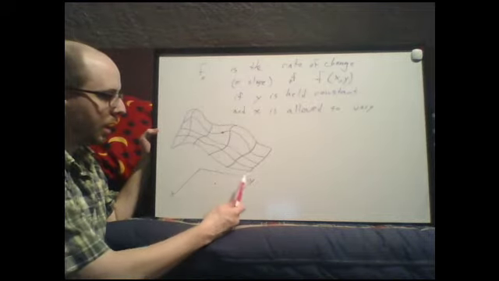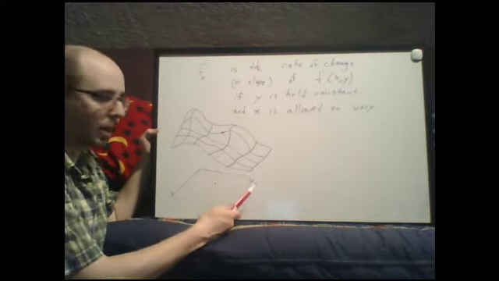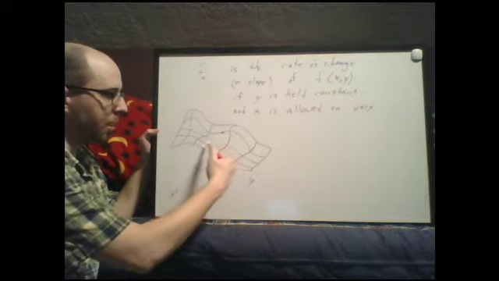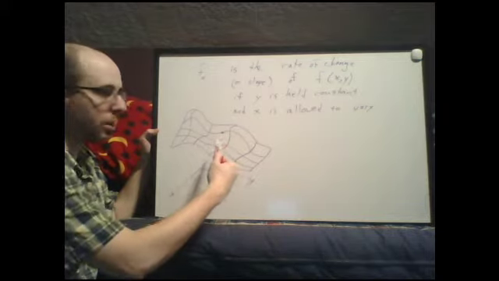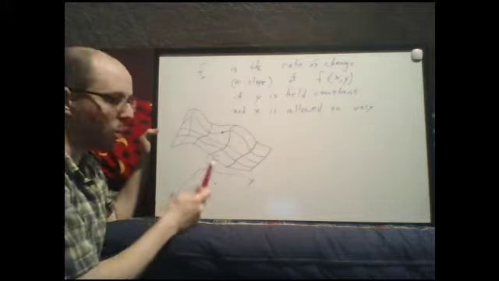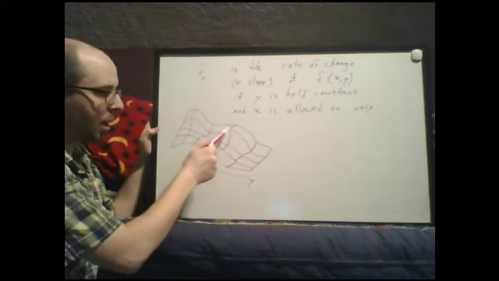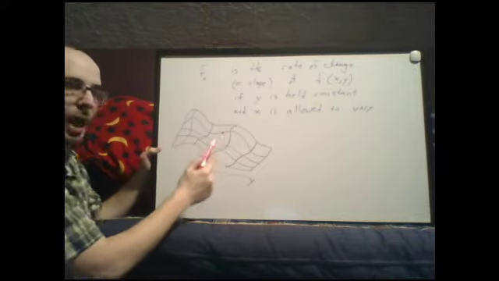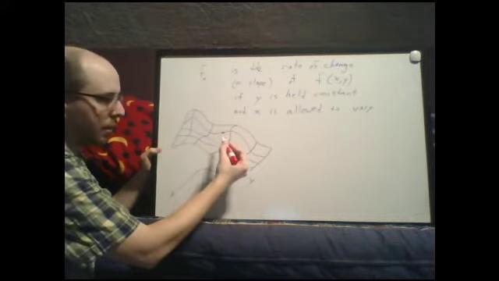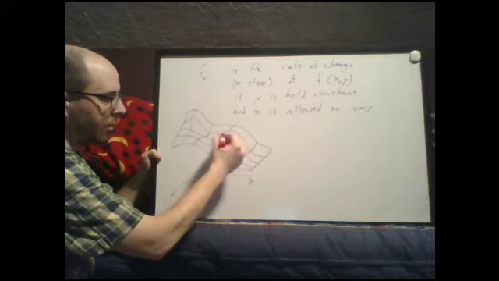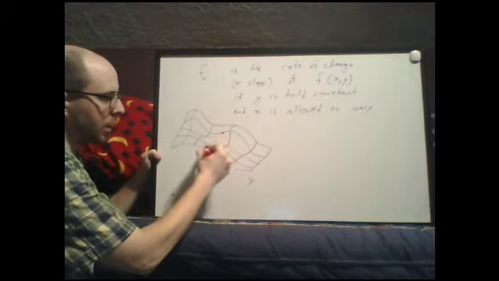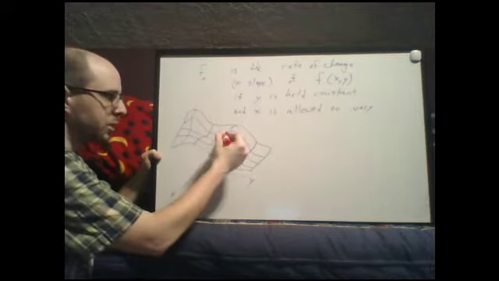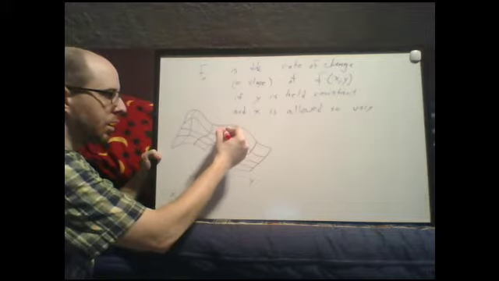Okay. If y is held constant, then I'm not moving in the y direction. I'm only allowed to move in the x direction. So as I come out of the board in the x direction, I have a curve along this surface.